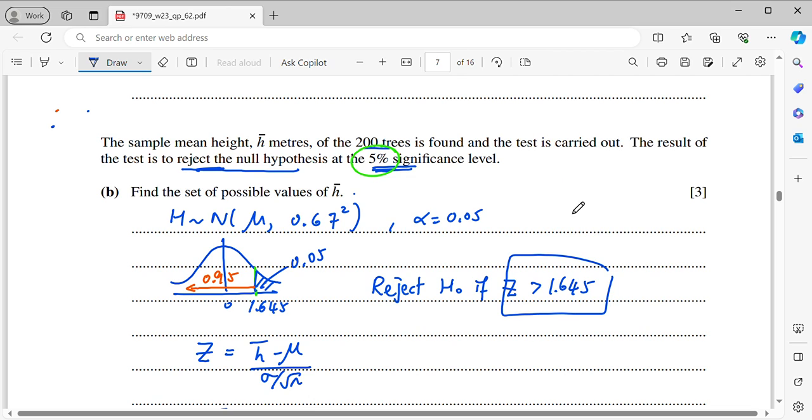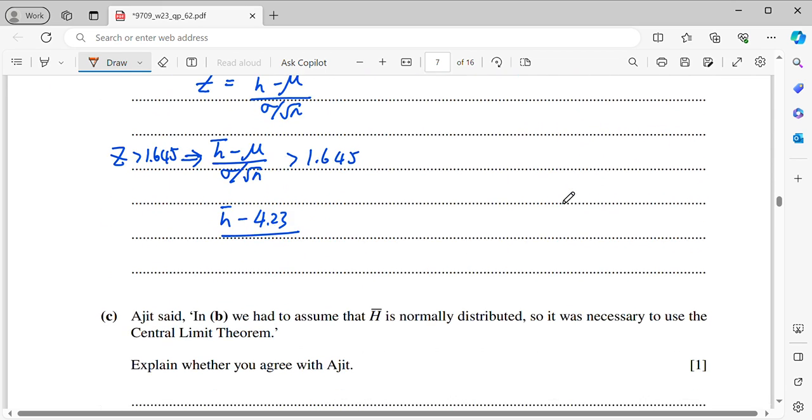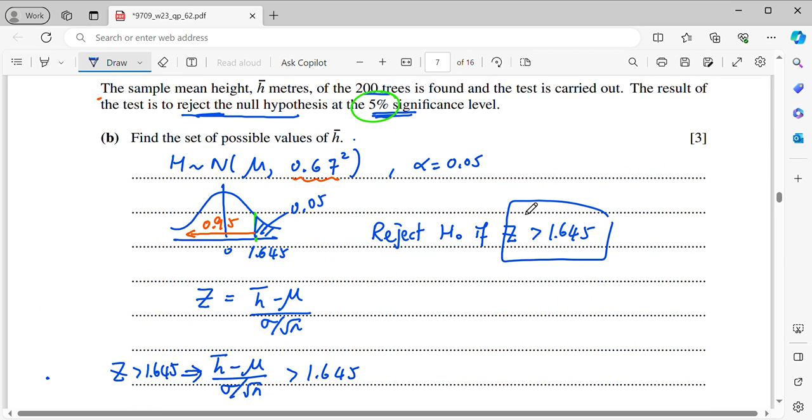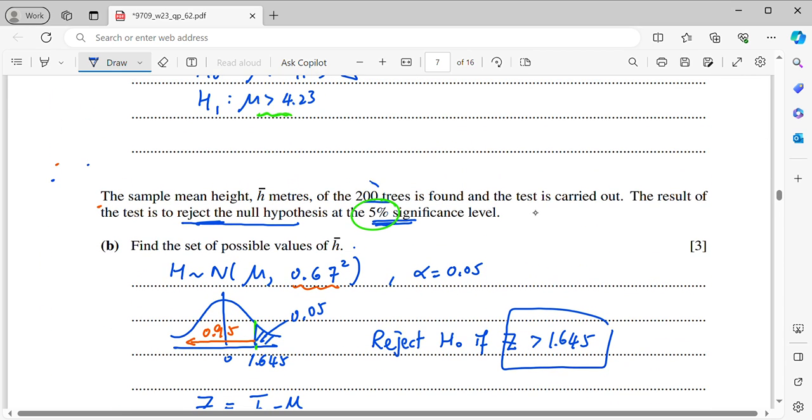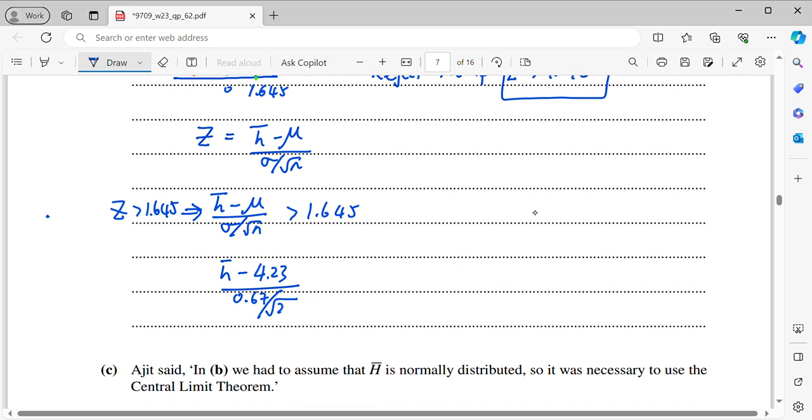Standard deviation is given as well. This is sigma, which is 0.67, over square root of n. The n is 200. So here is 200. That is greater than 1.645.